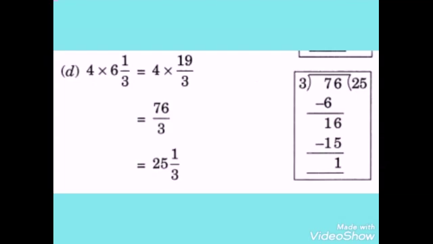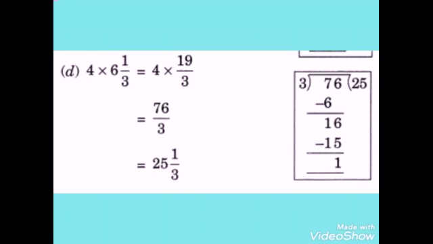Next, D subdivision: 4 into 6 1 by 3. So the mixed fraction 6 1 by 3 is equal to 3 into 6 plus 1, whole divided by 3. That is 18 plus 1 by 3, which is equal to 19 by 3. So we have converted it into an improper fraction.